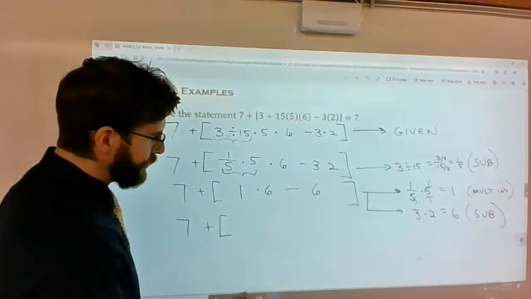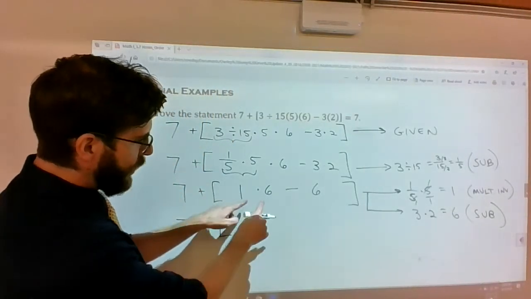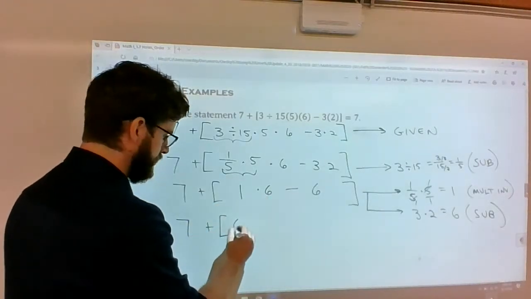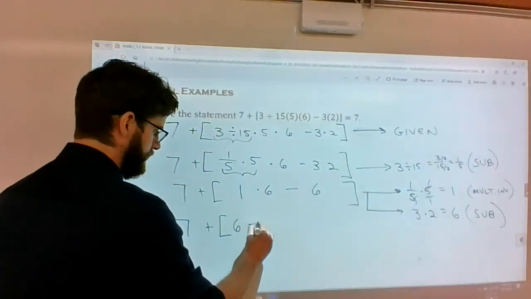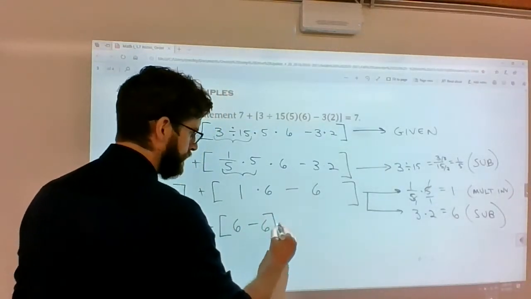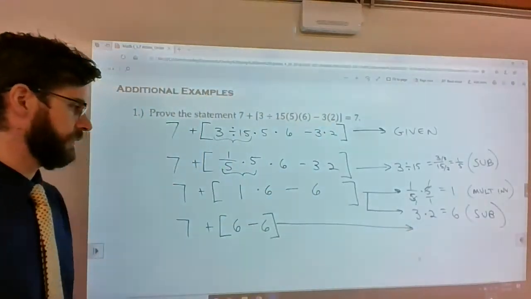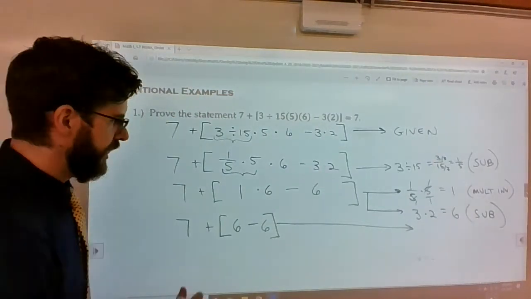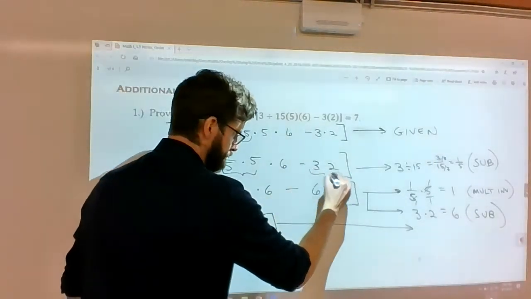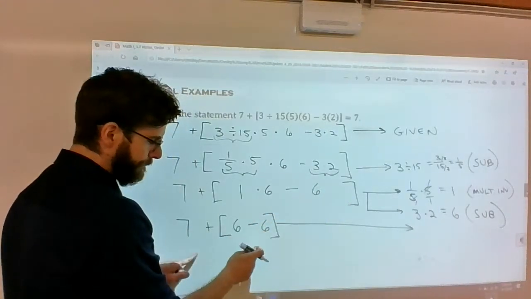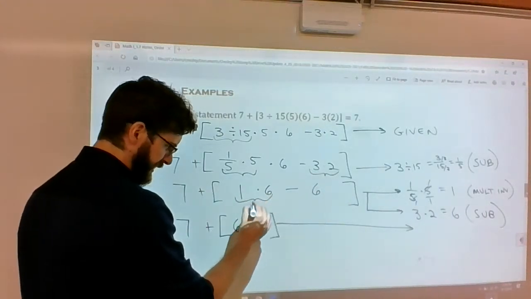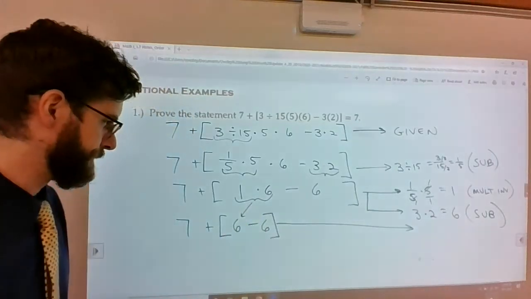All right, next move. I'm just looking at this and I know 1 times 6 is 6, and I know 6 minus 6 is 0, but I'm not working ahead. So the question is, what did you do to get from here to here? I took 1 times 6, and I got 6.